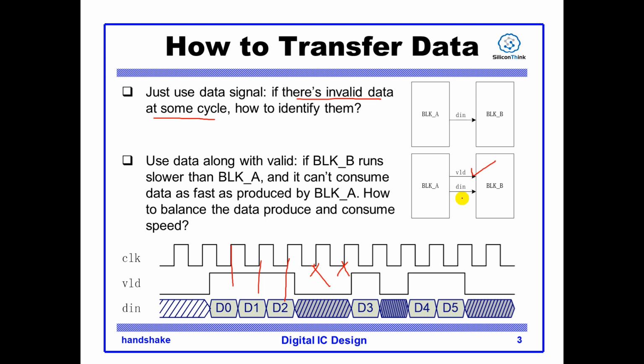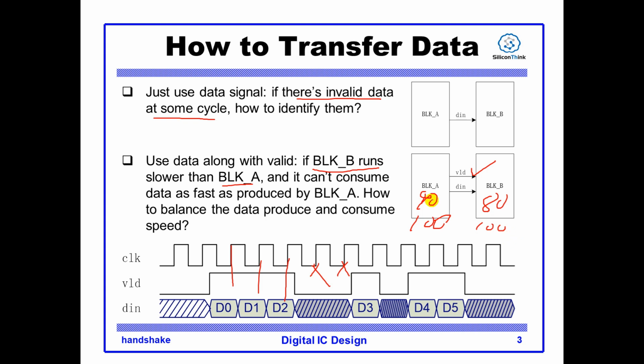But even with this, sometimes it can't work, because we may encounter the situation that block B runs slower than block A. That is, it can't consume data as fast as it is produced by block A. For example, block A will produce 90 data every 100 cycles, but block B can only consume 80 data for every 100 cycles.